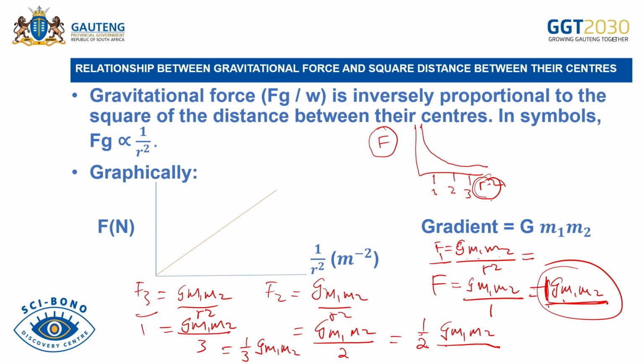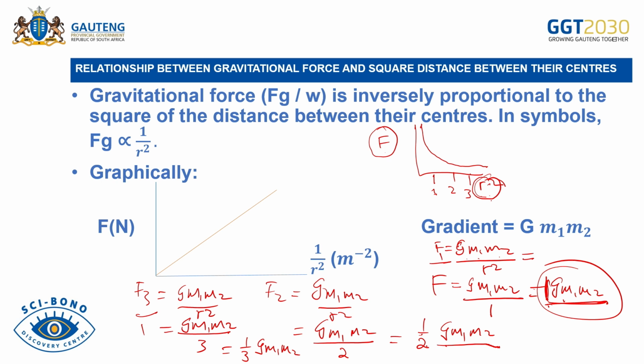I think this should make sense to you. So here I was having F and R squared. You can see when I increase R squared, F decreases. And this is based on the law itself.